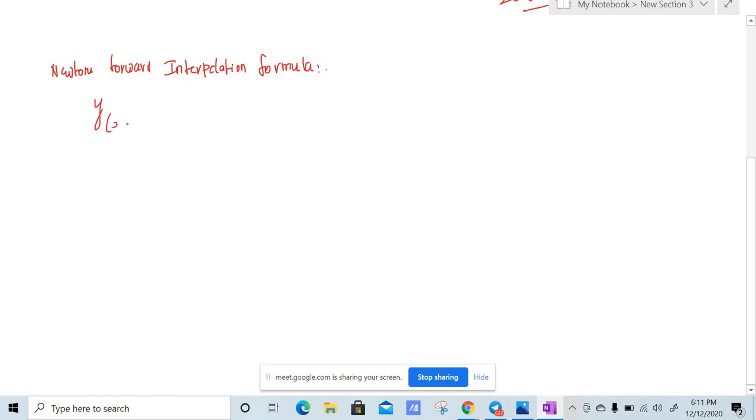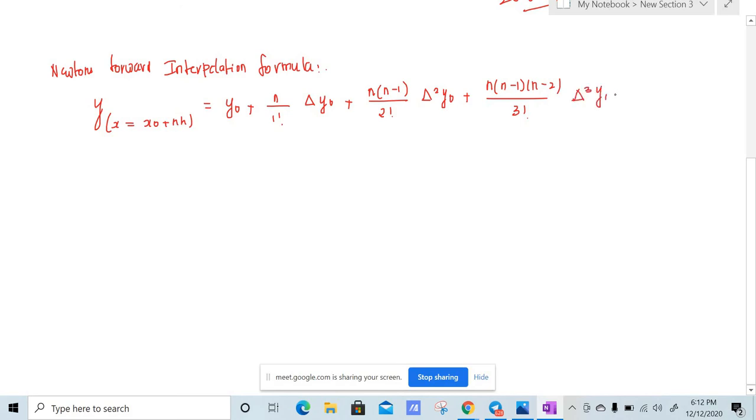So y of x, where x is equal to x naught plus nh, is equal to y naught plus n by 1 factorial del y naught plus n into n minus 1 by 2 factorial del square y naught plus n into n minus 1, n minus 2 by 3 factorial into del cube y naught and so on, right?